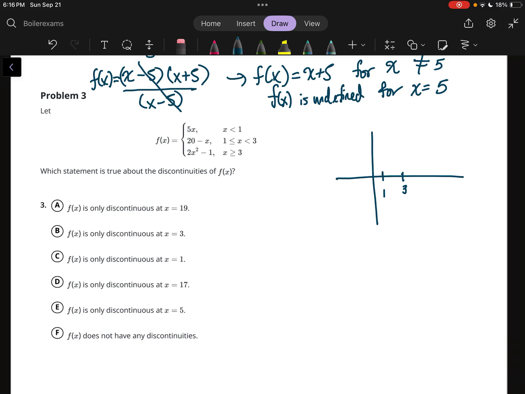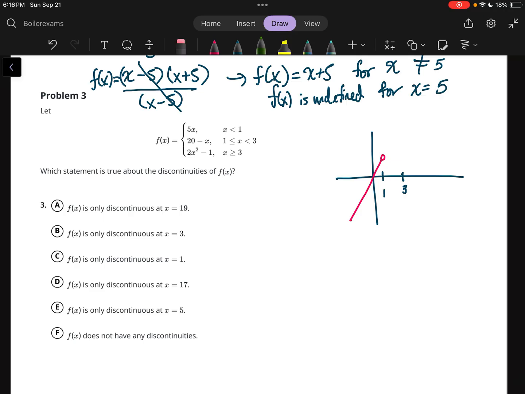For x less than 1, f of x is equal to 5x. Notice that there's a less than sign, so for this part of the function, there's a hole. It's going to look something like this. And I'm going to change the color, so I'm going to draw this part in pink.